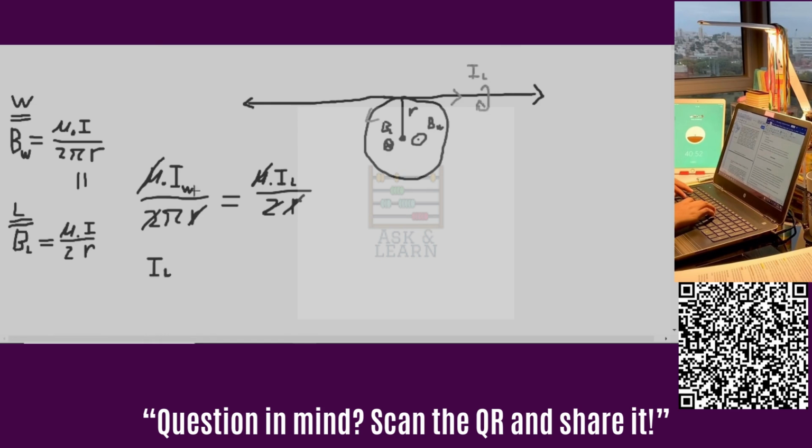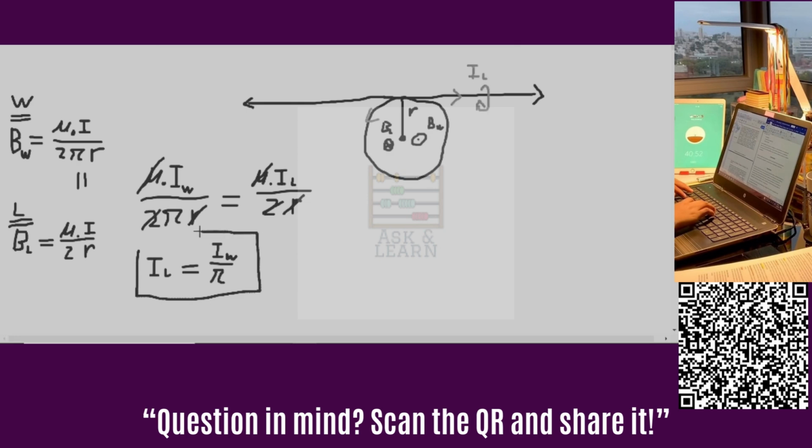The current in the loop is equal to what's left: the current in the wire divided by pi. This is I wire, which is simply the difference in these two equations. As you can see, the BL here is missing this pi, which is where it comes from here. Otherwise, these equations are identical. And this will give you the current.